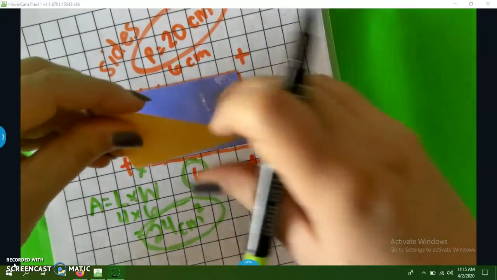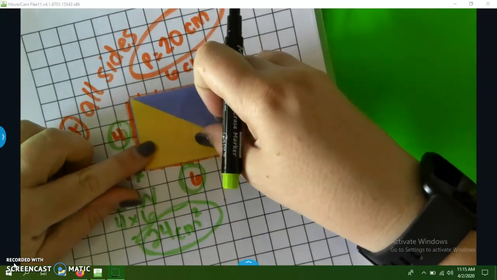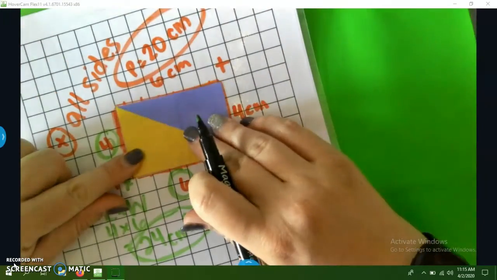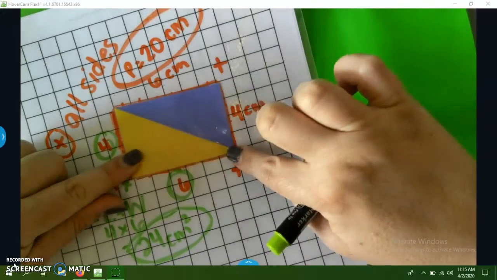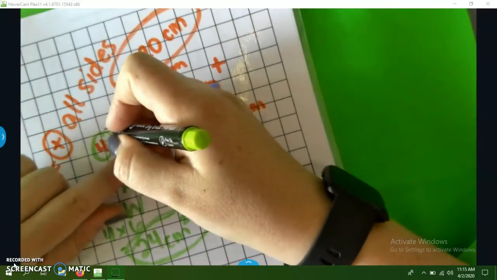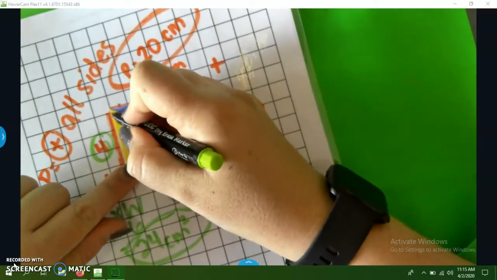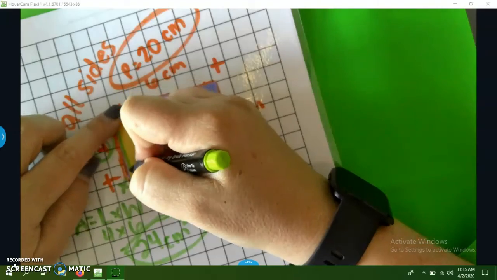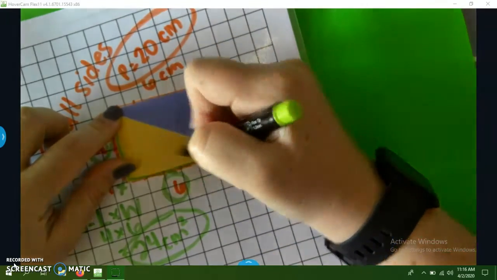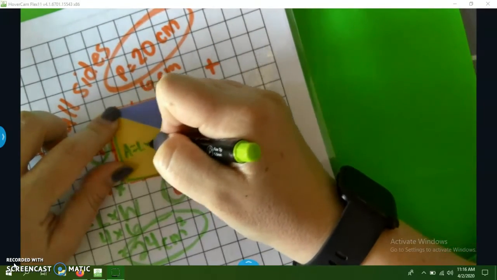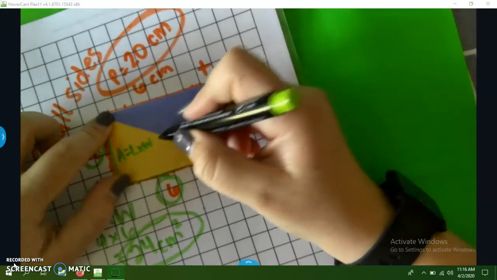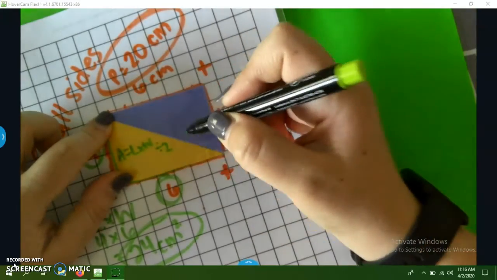If I were to look at the triangle that only makes up half of it, I can find the perimeter of this triangle, one side plus another side plus another side. But what I'm interested in right now is the area. So I'm still going to do one side times the other, length times width, but I have to remember to divide by 2 if it is a triangle.